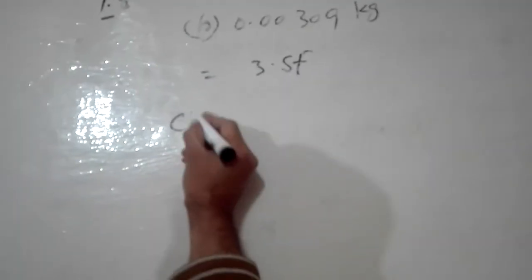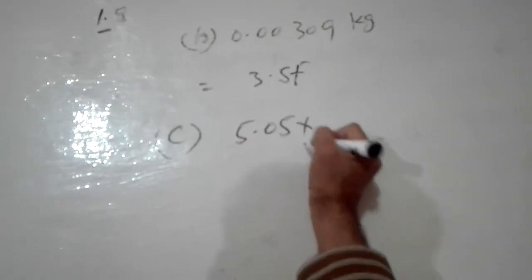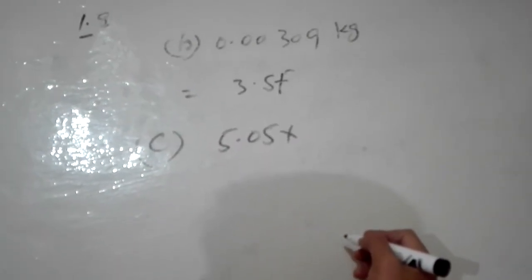Next C part, look at the C part. C part is 5.05 into 10 raised to power minus 27 kg. Notice what rule I have explained to you.